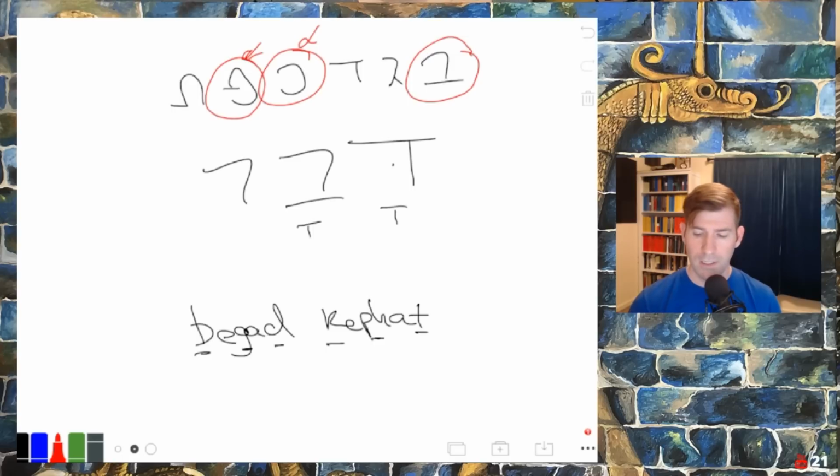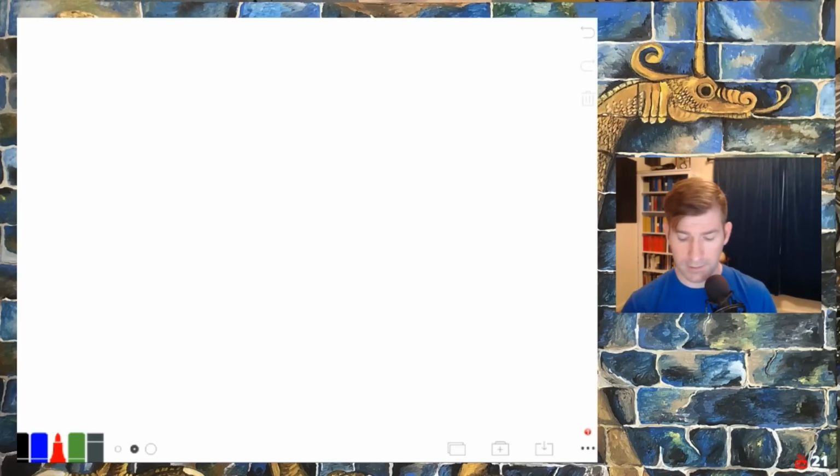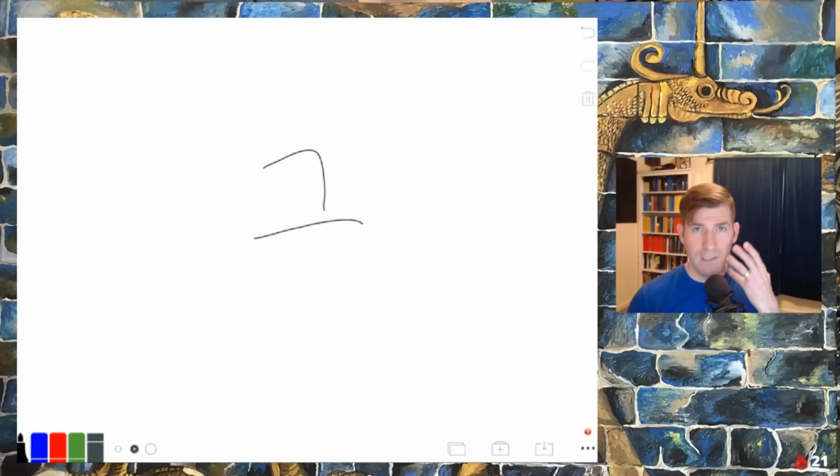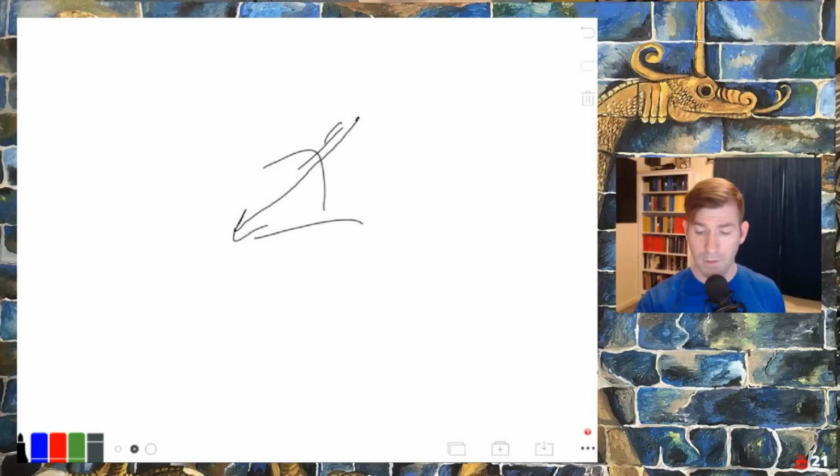Now the difference is whether it has that dagesh in the middle. With bait, if there's no dagesh, the air can blow through the middle, like it does in your mouth. So v, v.